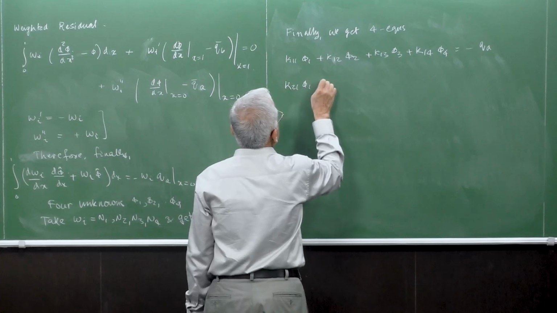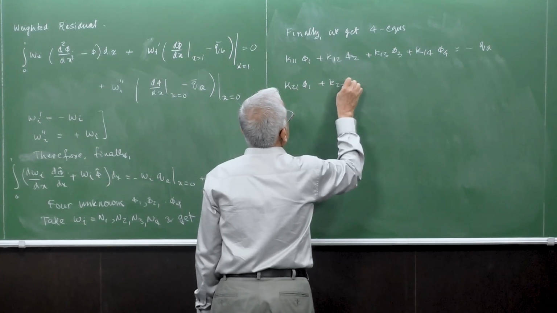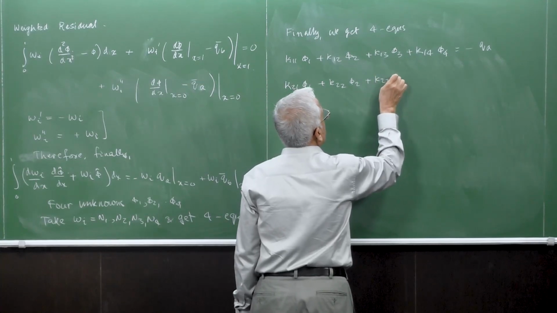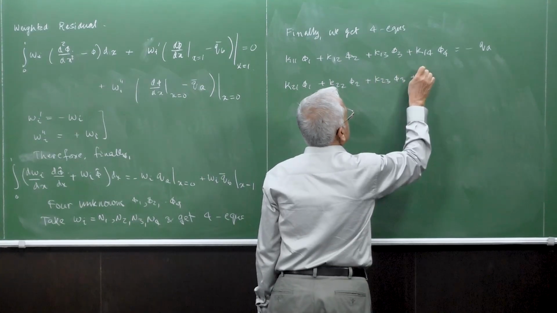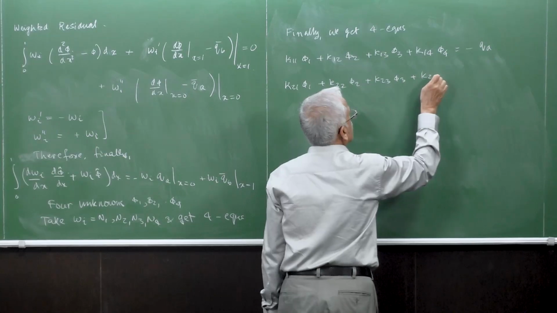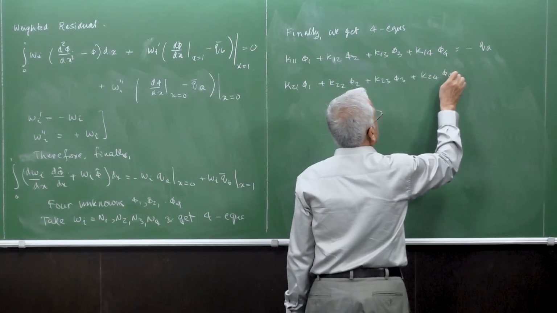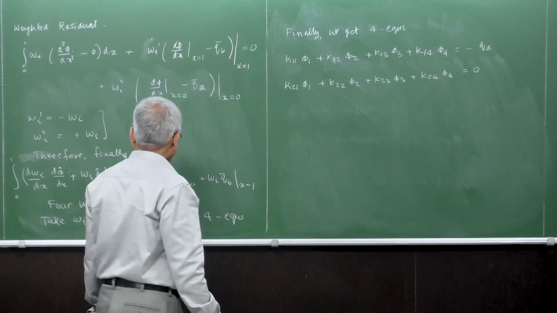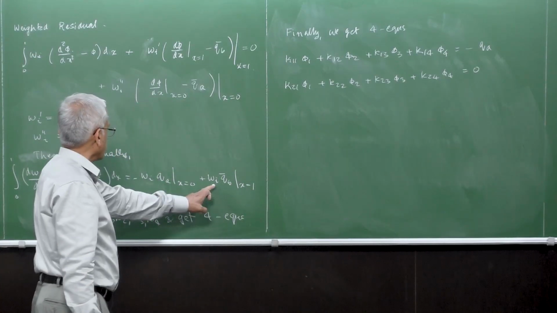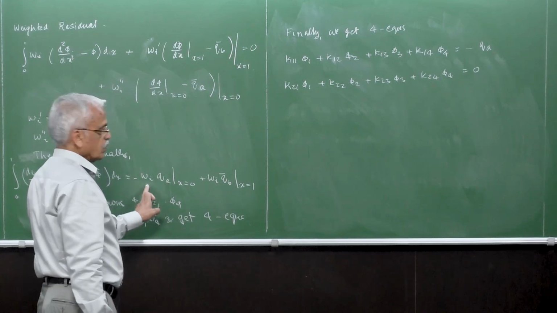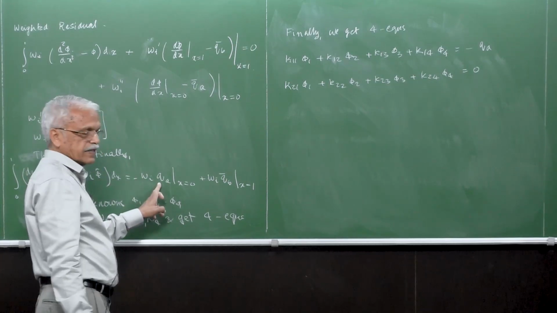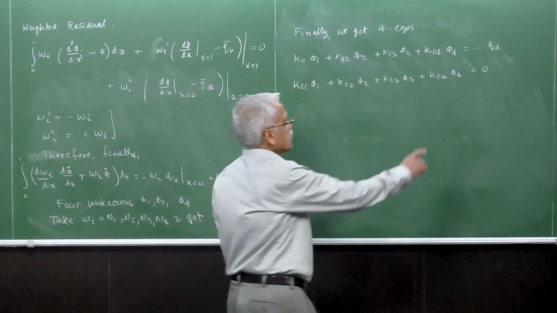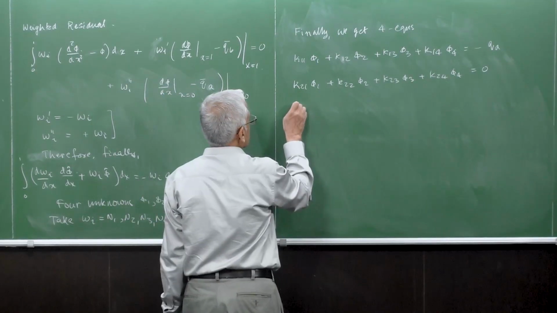And similarly you have the second equation, which doesn't have any right side contribution because N2 will be 0, either at x is equal to 0 or x is equal to 1, so there is no contribution.